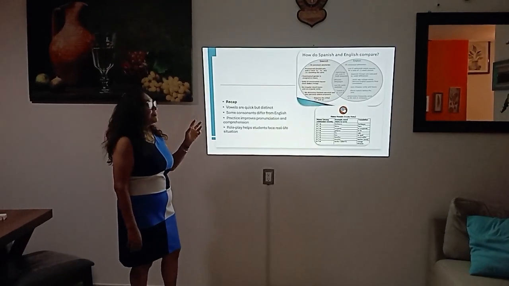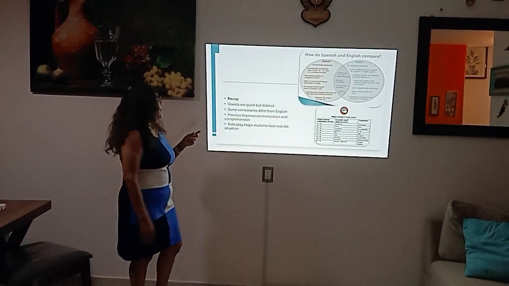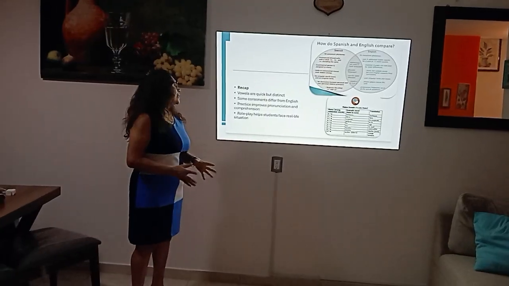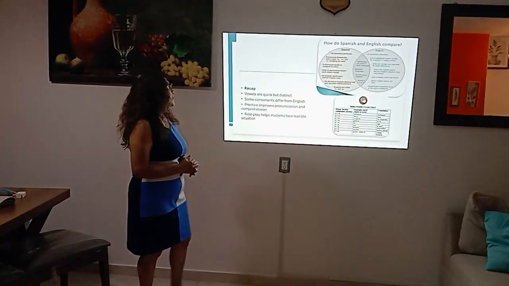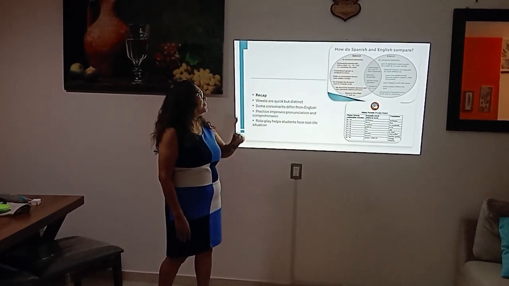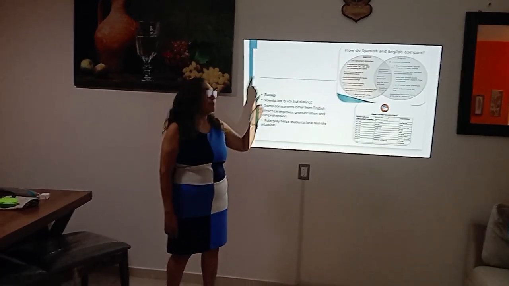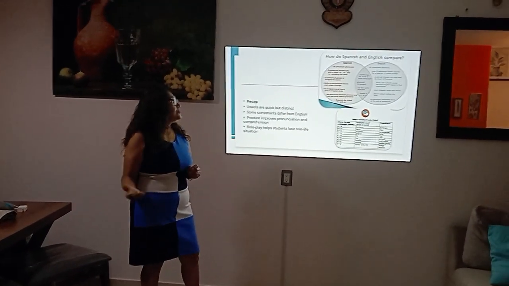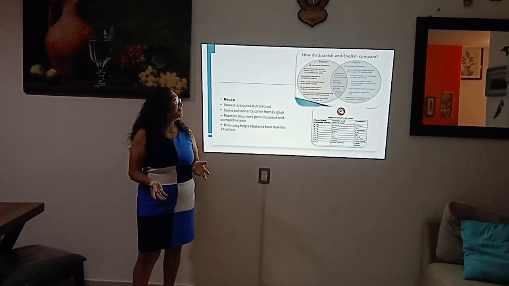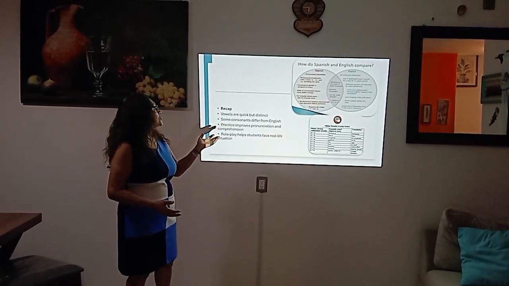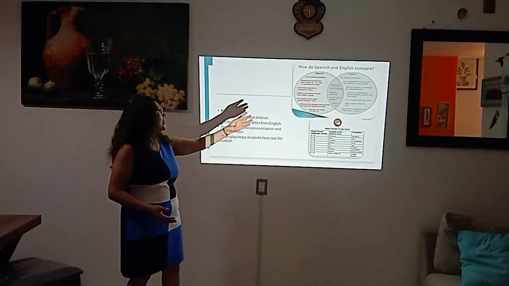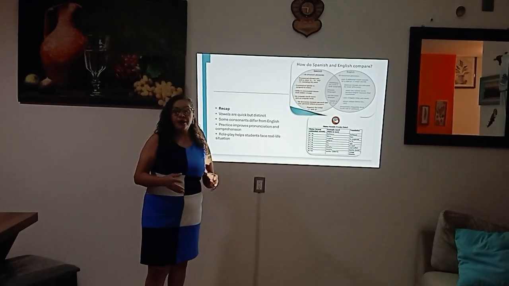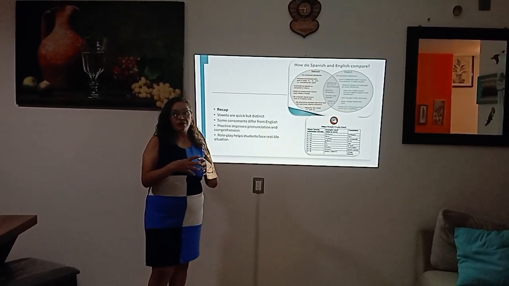And recapitulating, vowels are quick, but in this case we have the Venn diagram as an example of how Spanish and English compare: the Spanish sounds, the English sounds, and in the middle, the things that they share.